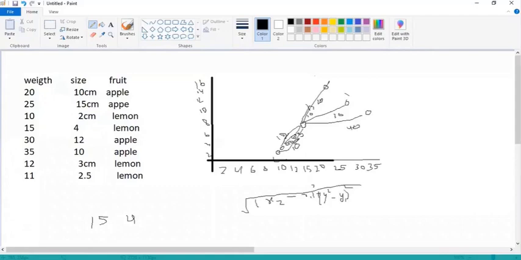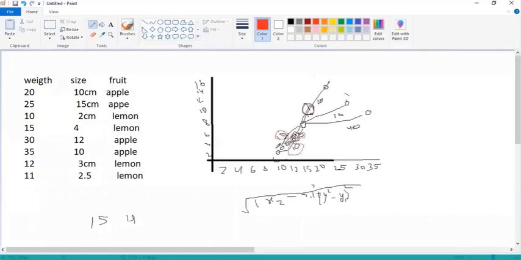Now tell me to which side the distance is less. If you consider 5 points, this 5 centimeters point is considered, this point is considered, and so on.